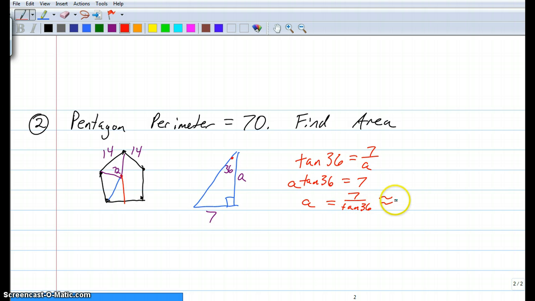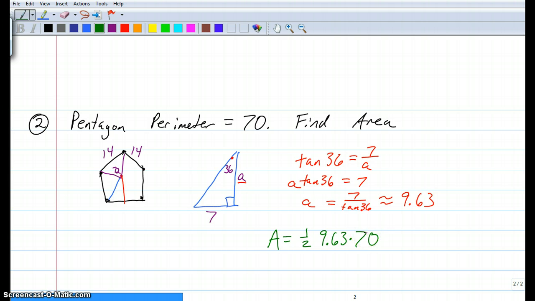So if you use your calculator there, make sure you're in degree mode, you should get approximately 9.63-ish. All right, great. So now we've got our apothem. So the area of this thing is 1/2 the apothem, which we got, 9.63, times the perimeter, which they told us at the beginning was 70.